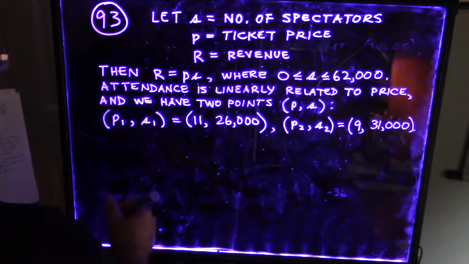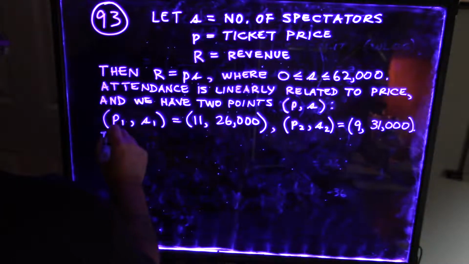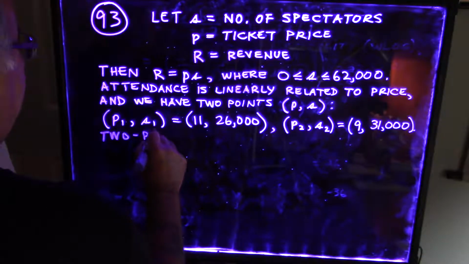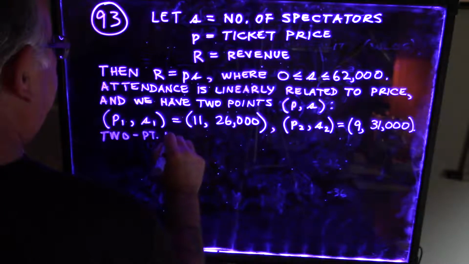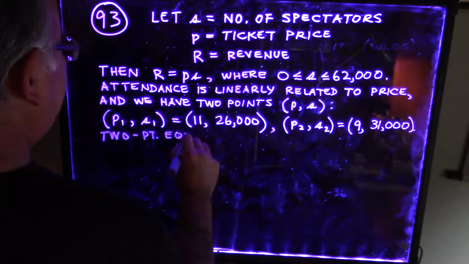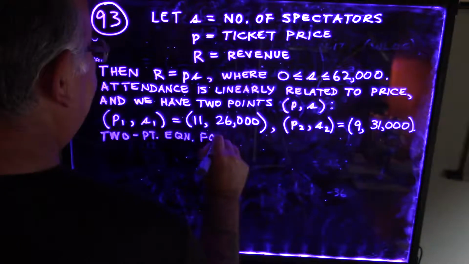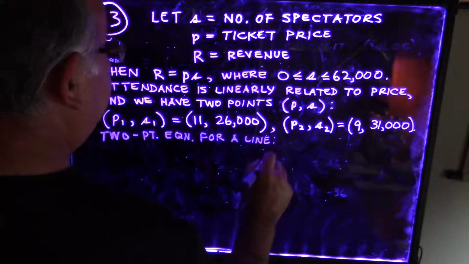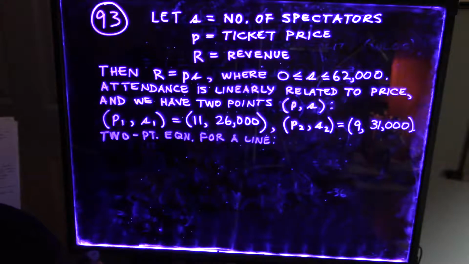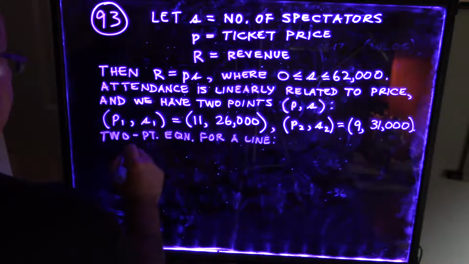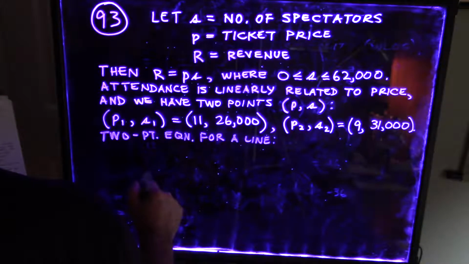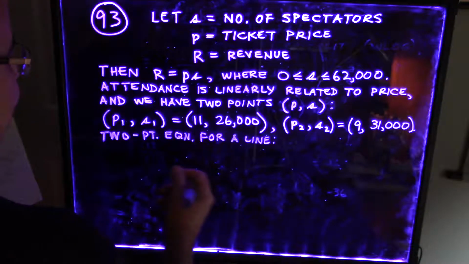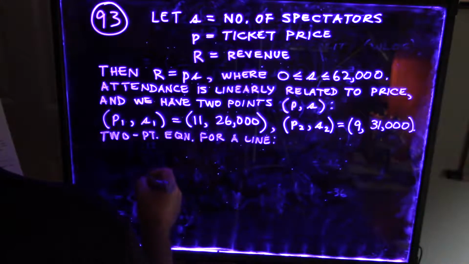So we're going to use the 2-point equation for a line. Remember that one? 2-point equation for a line. So we're using y minus y1 equals m times x minus x1, and instead of m we're writing out the formula for m.